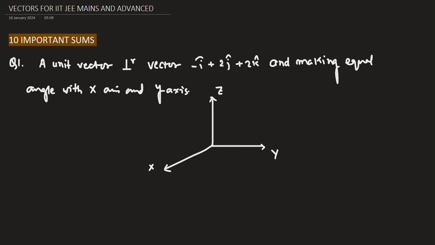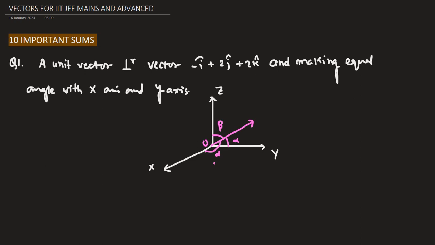Suppose this is the unit vector. This vector makes angle alpha here, and the same angle alpha with the y axis, and here it makes some angle beta.